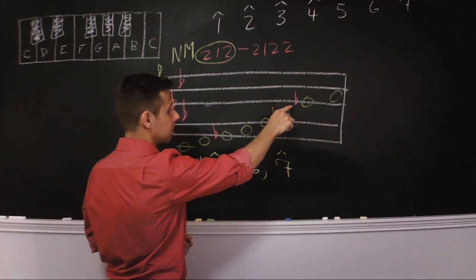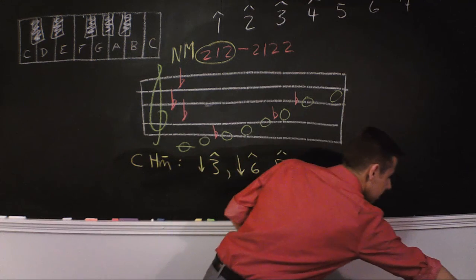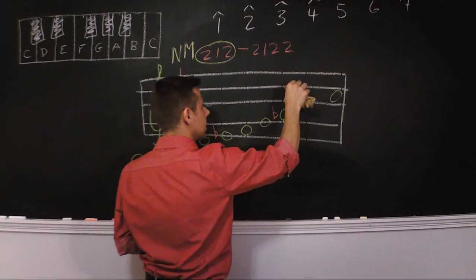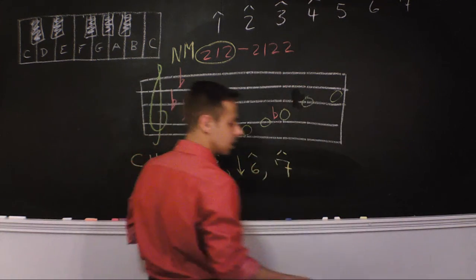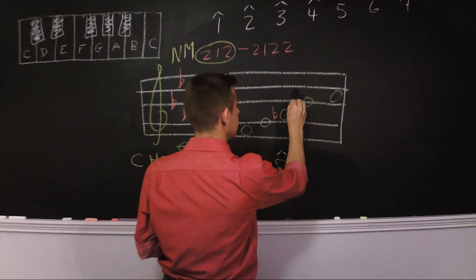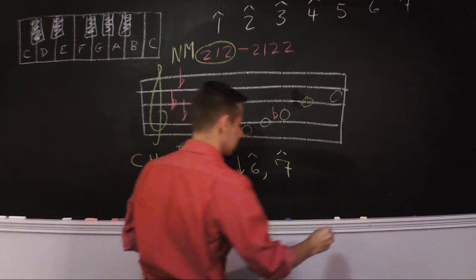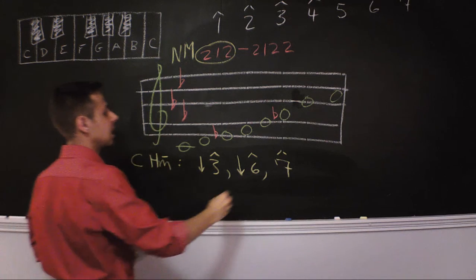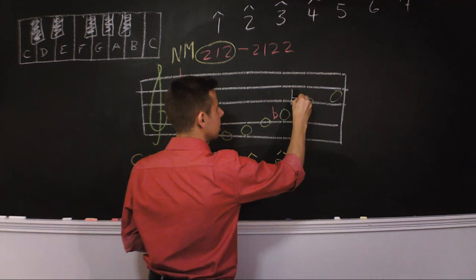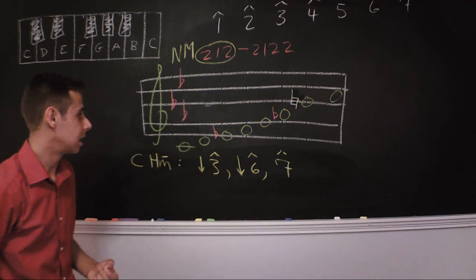So we're going to get rid of this flat on the B flat. Alright, so we're back to a B natural. And because it's in the key signature, we'll put a natural sign there.